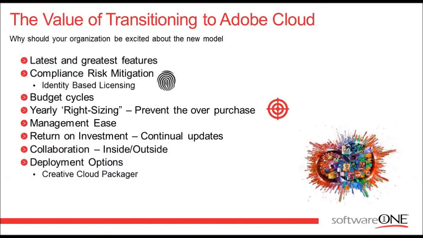I touched briefly on this earlier about how you manage licenses. The cloud products in the VIP has transitioned over to identity-based solutions. So in the past, if I bought 10 Photoshops, nothing technically stopped me from installing it 100 times. So it was always in the perpetual model a risk of over-deployment, or a great example is if you bought Acrobat Standard but then loaded Acrobat Pro into a corporate image and pushed out that product, nothing stops you.